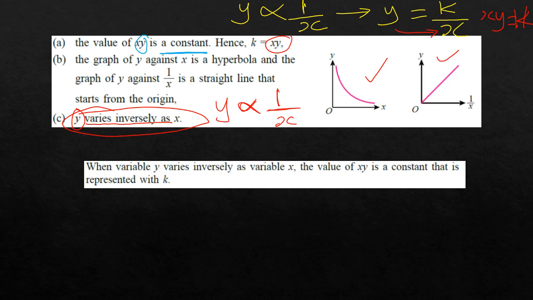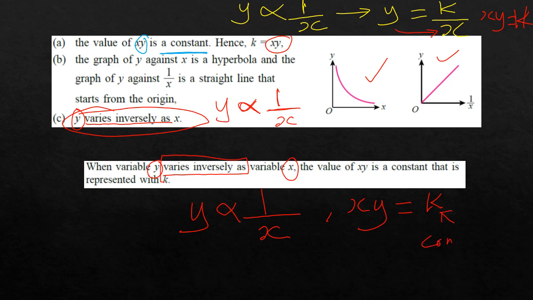So I repeat again: y varies inversely as variable x. The value of xy is a constant, represented as k. Okay.